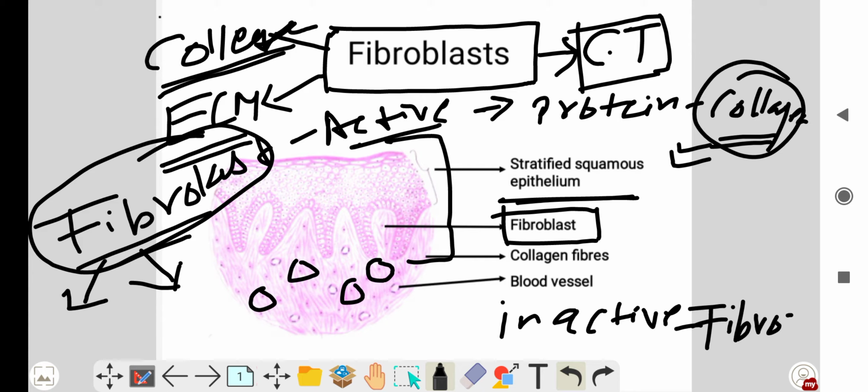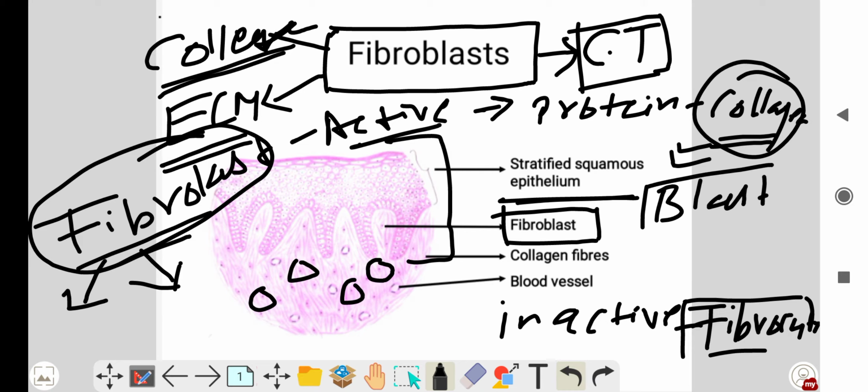fibrocyte. Okay, so please remember the cells that have blast in the end are active cells, like osteoblast, cementoblast, ameloblast, chondroblast. These are the active cells. They form something, mostly proteins and collagen fiber.